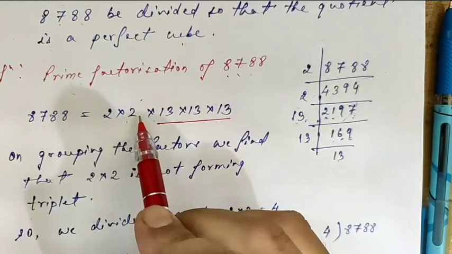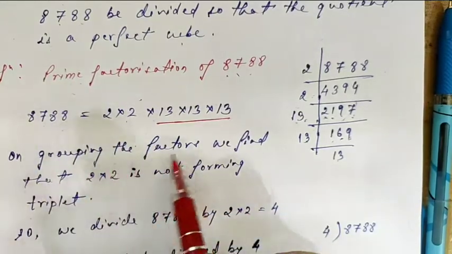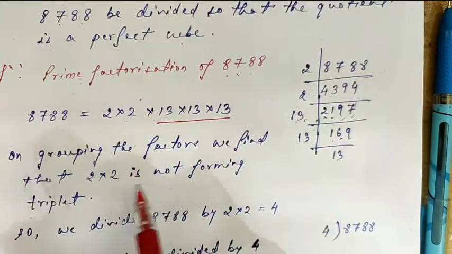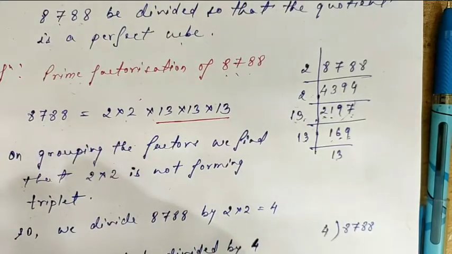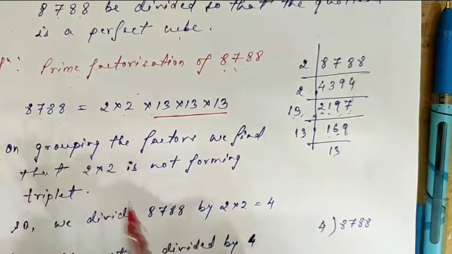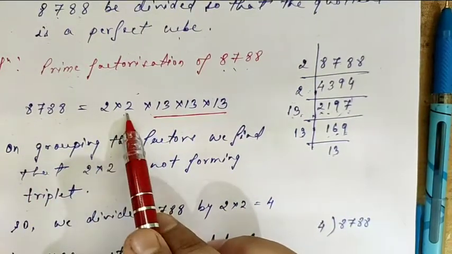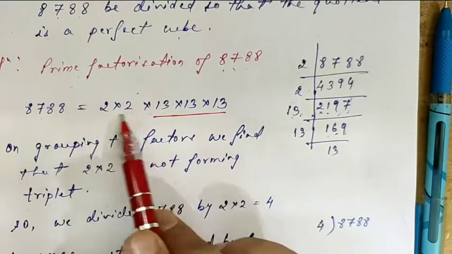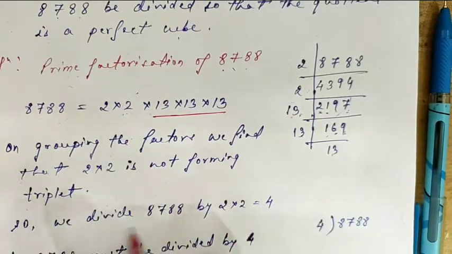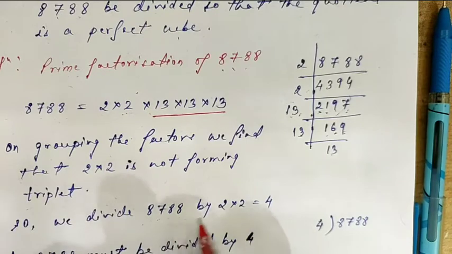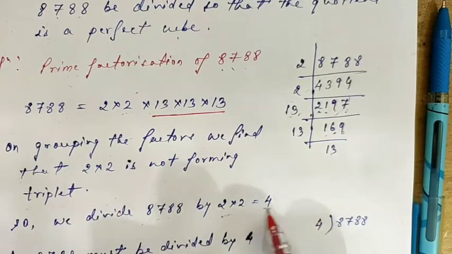There is one 2 less over here. So on grouping the factors, we find that 2 into 2 is not forming a triplet. So we have to remove this. We will divide by 2 into 2, that is 4.